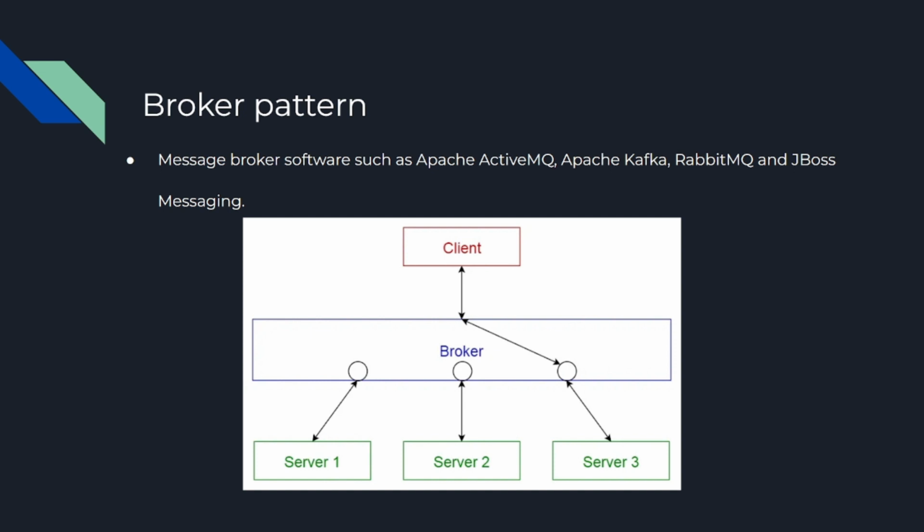Clients request a service from the broker, and the broker then redirects the client to a suitable service from its registry. So usages are message broker software such as Apache ActiveMQ, Apache Kafka, RabbitMQ, and JBoss messaging. So here's the diagram of broker pattern.